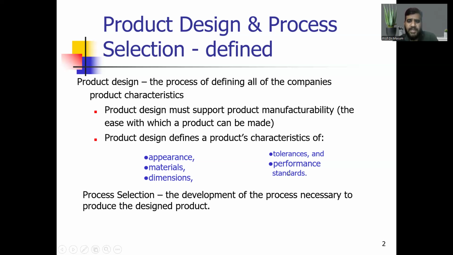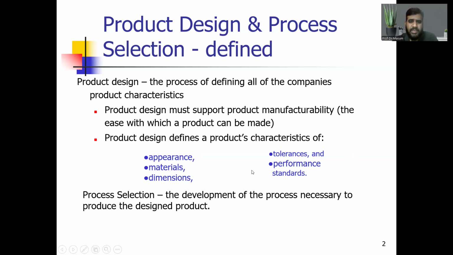And performance standard. There must be a performance standard. If you buy a pen, the pen must write something, or the pen can be used for writing. So there will be a performance standard. Even if you are buying a comb, for example, this should have a performance standard.